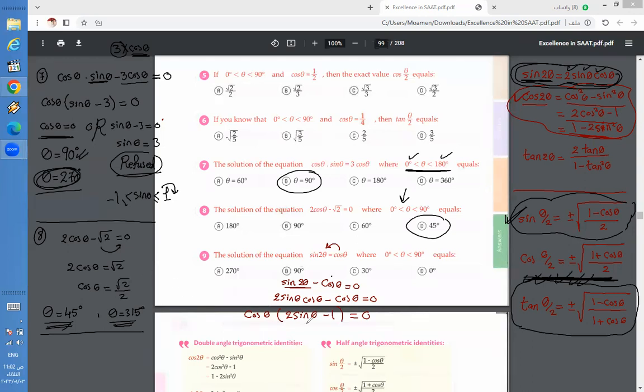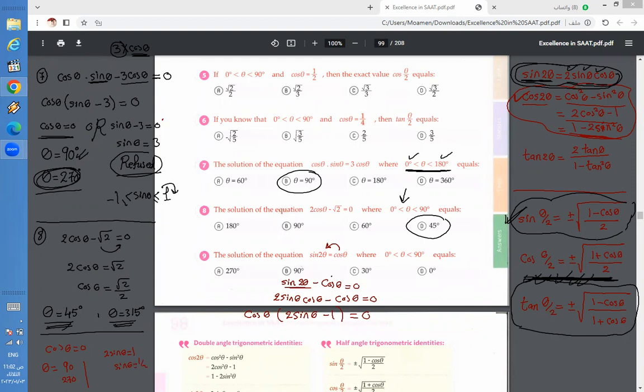For the last problem, cosine theta equal to 0. From it we can deduce that theta equals 90 and theta equals 270. For the other factor, 2 sine theta minus 1 equal to 0, so plus 1 on both sides, 2 sine theta equal to 1, so sine theta equal to half.